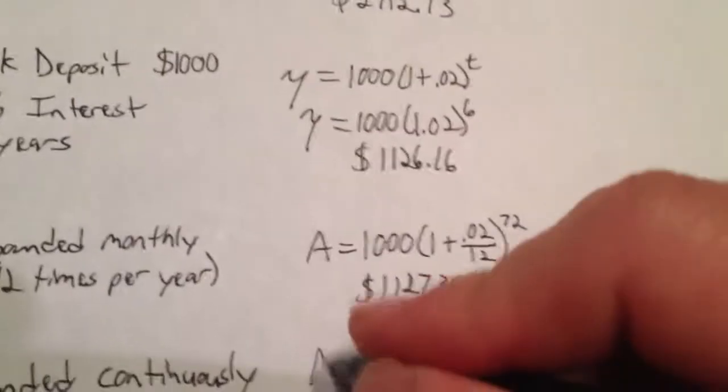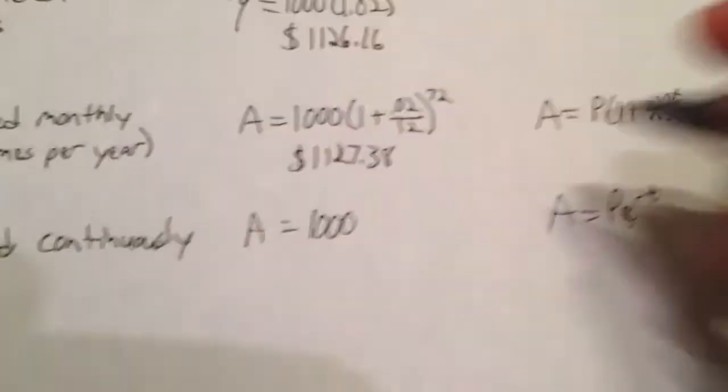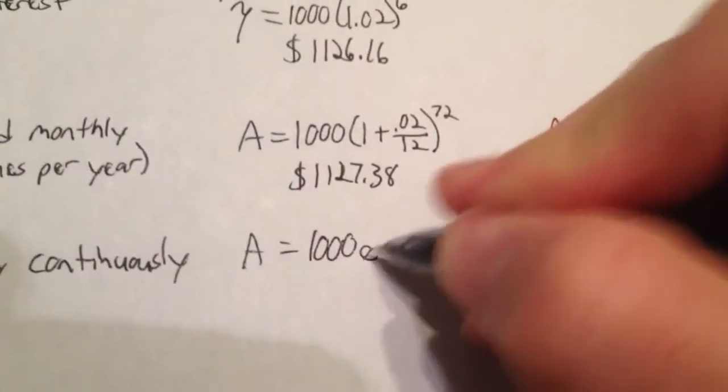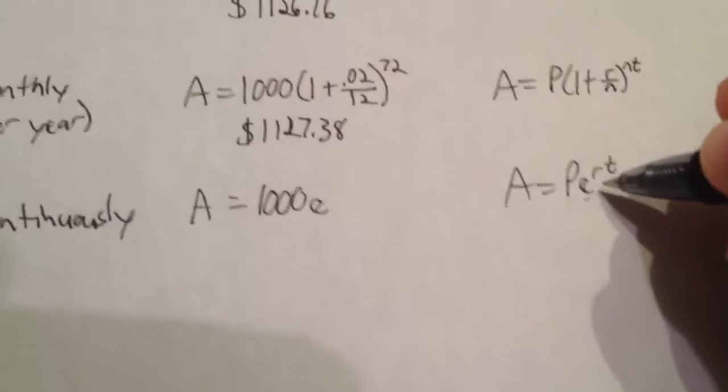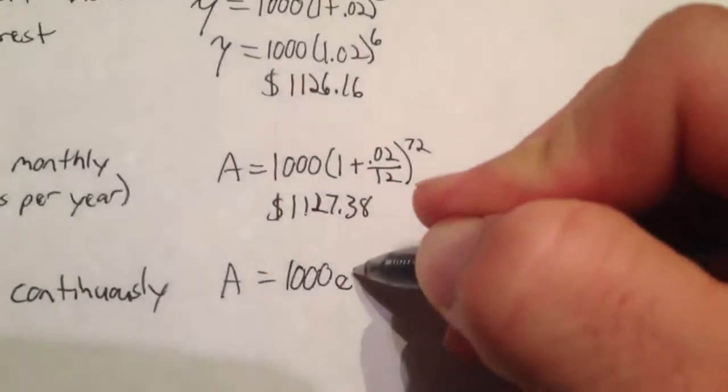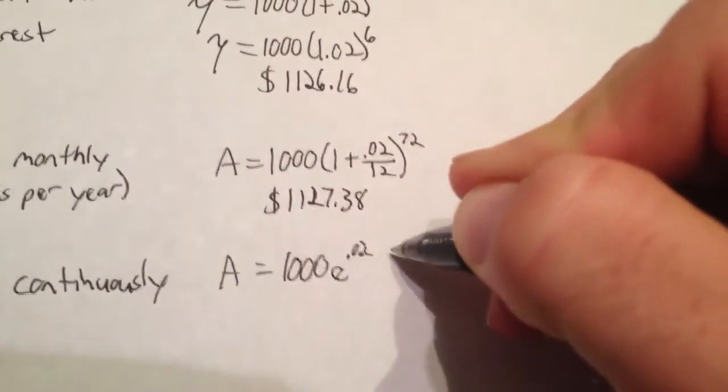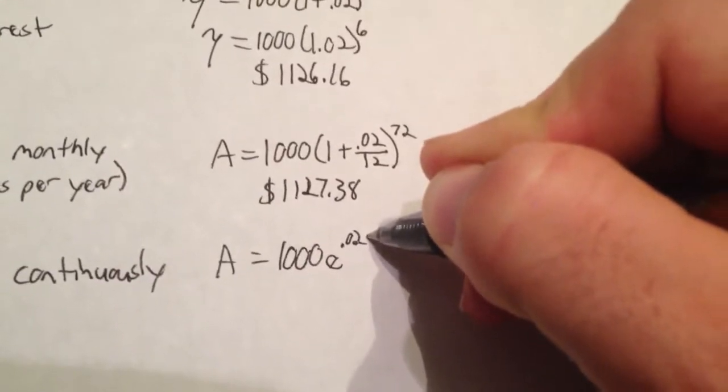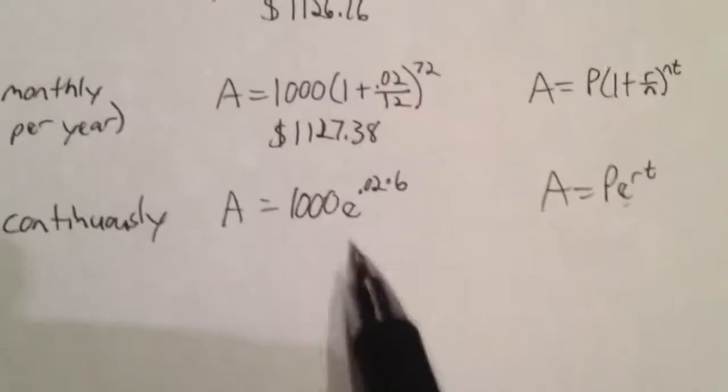So you take your beginning amount of $1,000 and then you multiply it by e, which is that special number, it's on the calculator, raised to the r times t power, or 0.02 times 6 in this case for our 6 years. And you multiply that out, and it's going to give you something that's just slightly above the other one, $1,127.50.